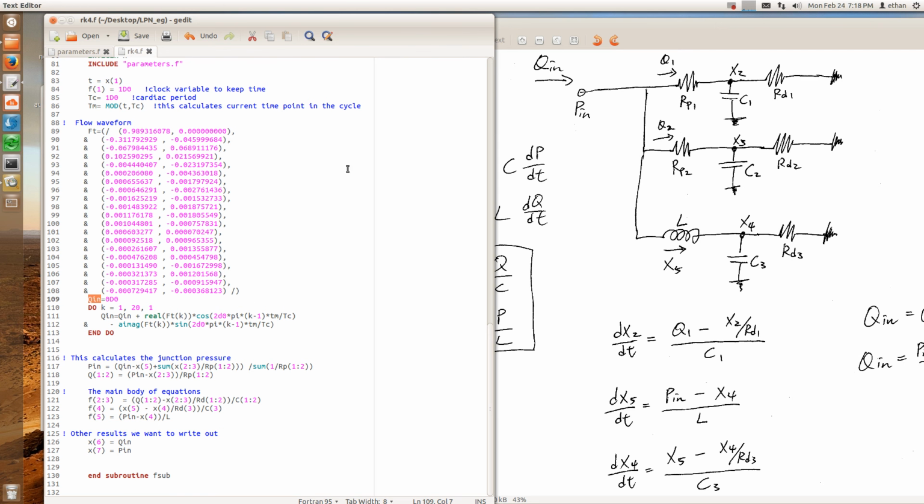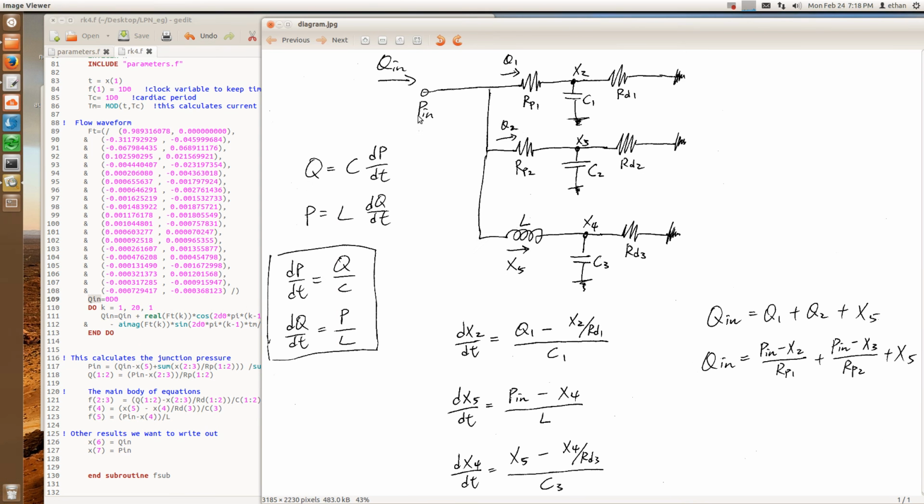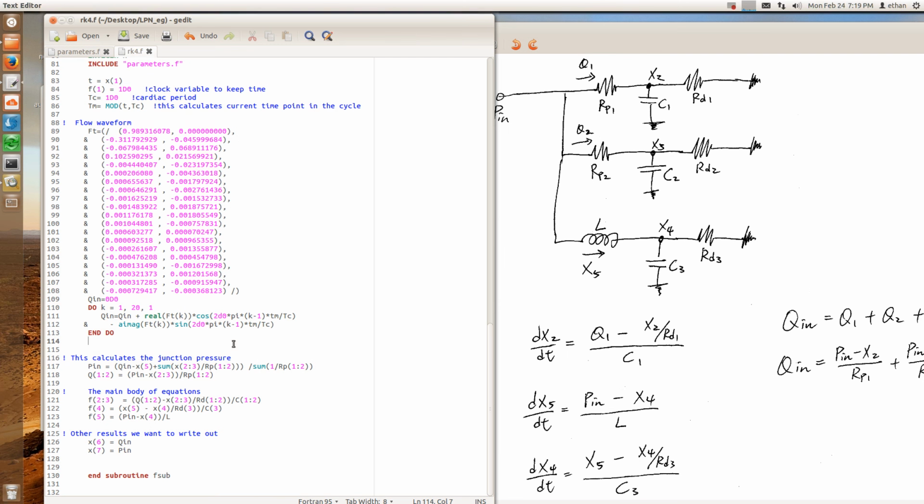And then remember what we talked about, calculating this Pin right here based on this equation. So you solve this equation for Pin, and then you figure out what Pin is, and you enter it right here. You could take a look at this expression, but you'll find that it's equal to whatever you solve here for Pin.